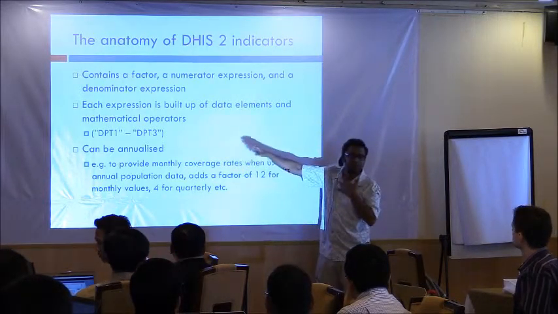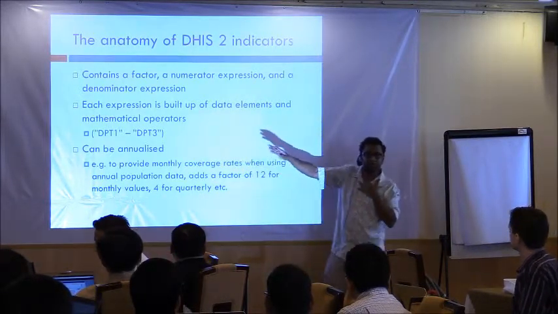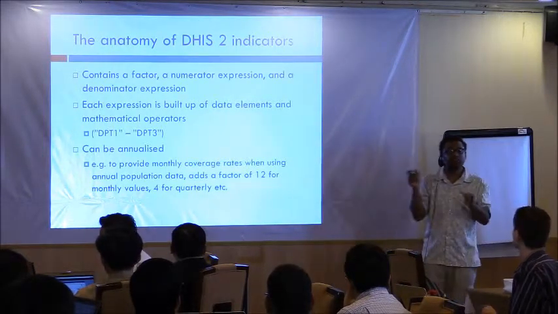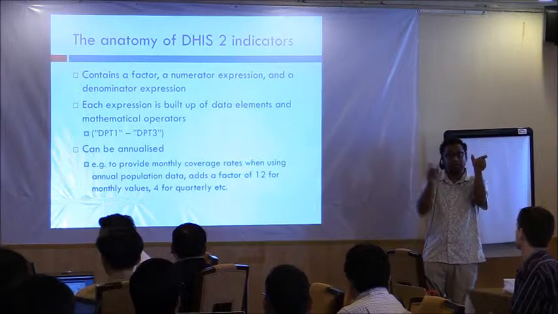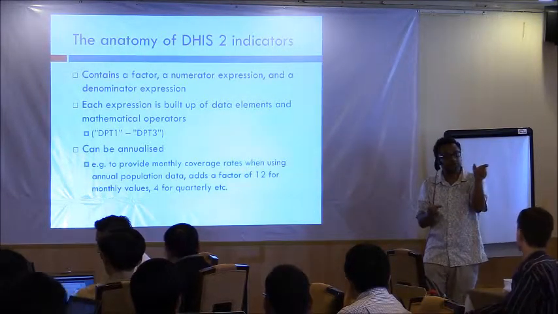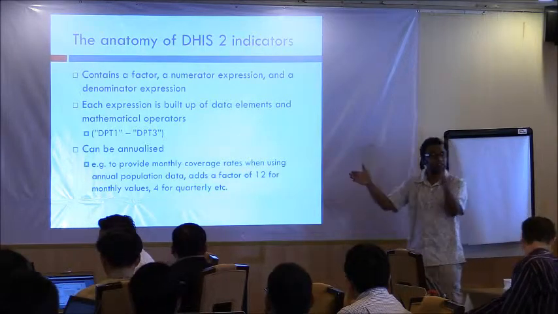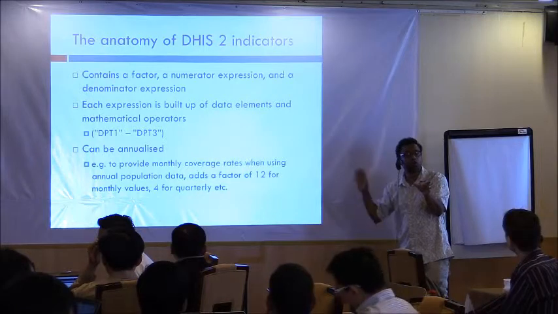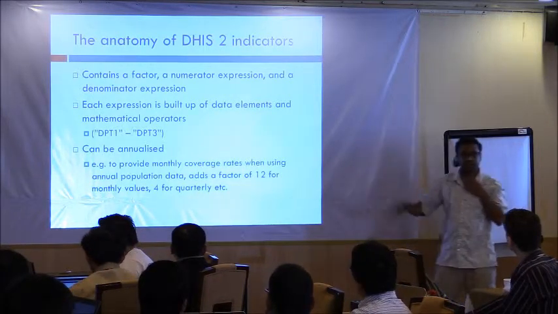For DPT1 to DPT3, it is DPT1 minus DPT3, divided by DPT1. The denominator is always the first thing you want to monitor. If it is DPT3 to measles, it is DPT3 minus measles, divided by DPT3, not measles. Just a few pointers on that.